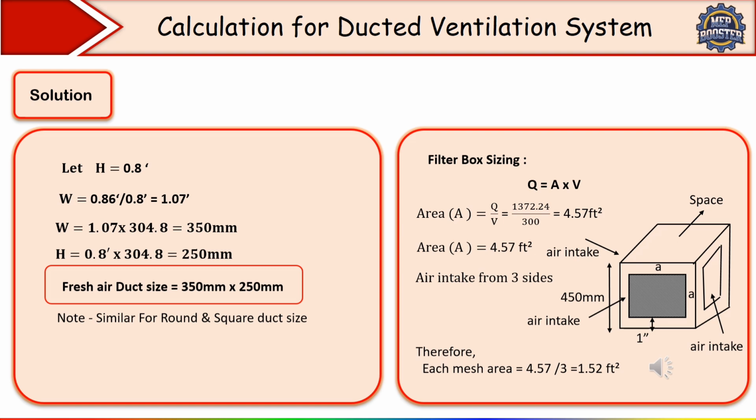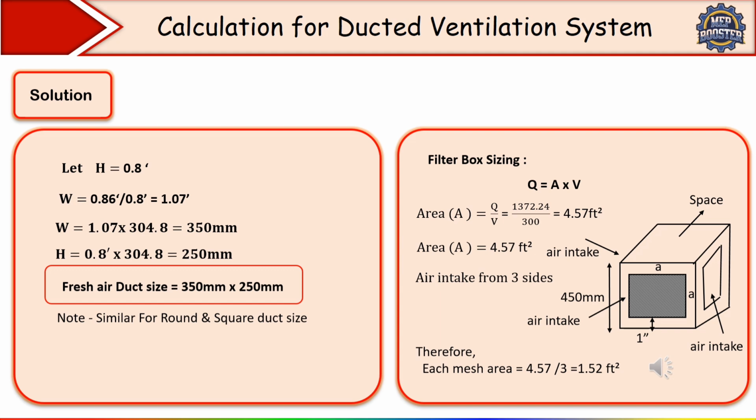And remember, for the mesh or filter which we have to install in the filter box, how much gap do we have to maintain? 1 inch. It is the standard gap space we have to maintain during the placement of the filter into the filter box.